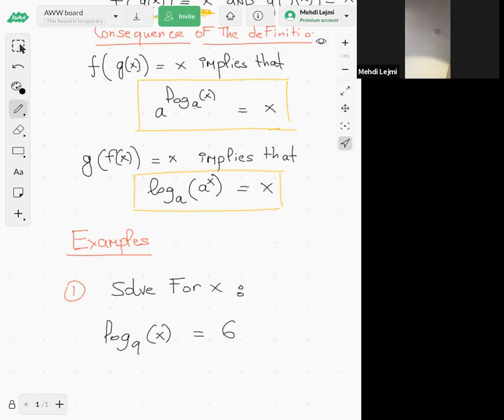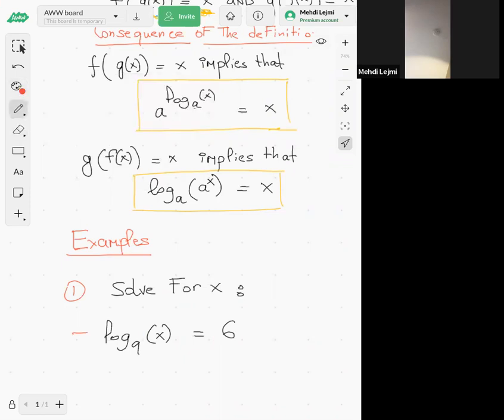I have to keep in mind, guys, this is log in base 9 of x. Between the log and x, this is not multiplication. This is a composition. When you say log, you have to apply your log to something, so you cannot separate the log from the x.